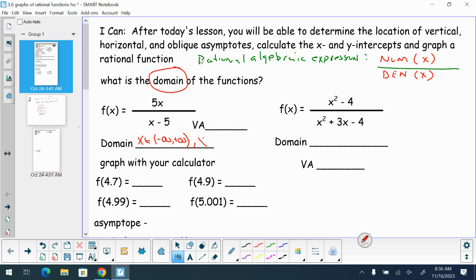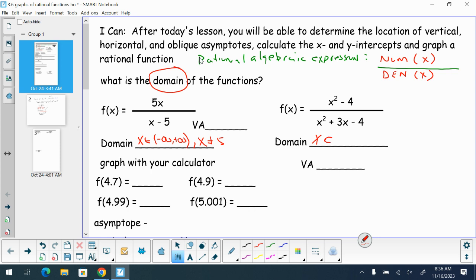But we said x cannot equal the value of 5, because what we have to worry about in a fraction is getting 0 on the bottom. And the only way to get 0 on the bottom is if x is equal to 5. x minus 5 equals 0, one value makes it equal 0. But we exclude that value.